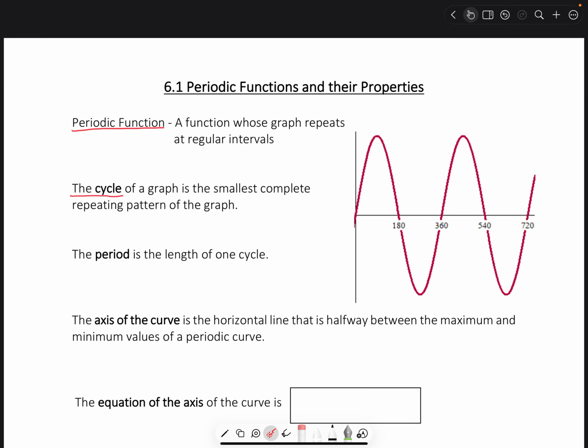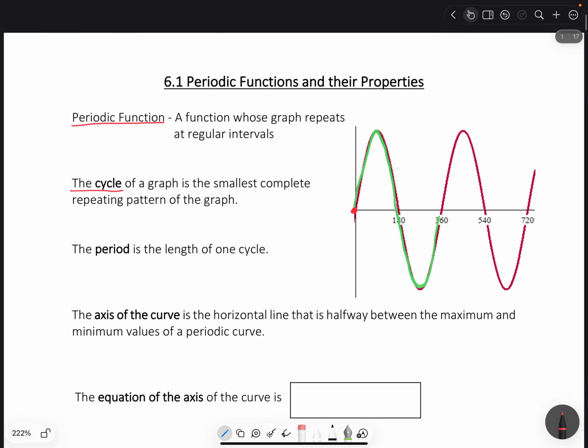So the simplest cycle here is gonna be this. I'll help you guys highlight this. If you duplicated this and brought it back here, we can see that the graph is just a duplication of it. Here at the x value of 0, the y value is 0.